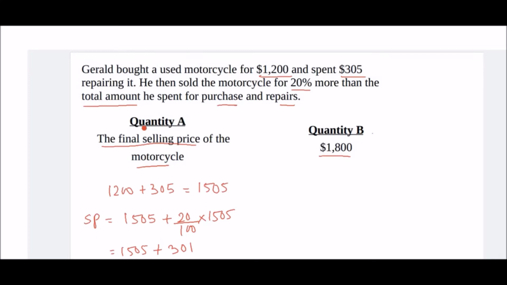The answer will be $1,806. So quantity A is greater than quantity B, so we will choose option A.